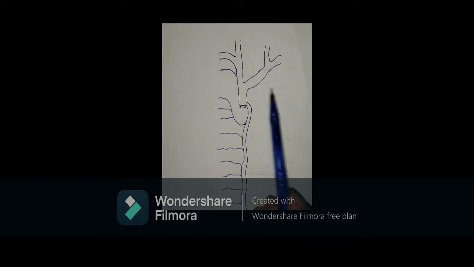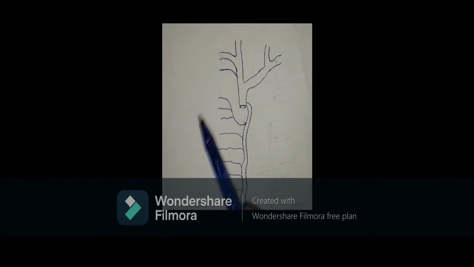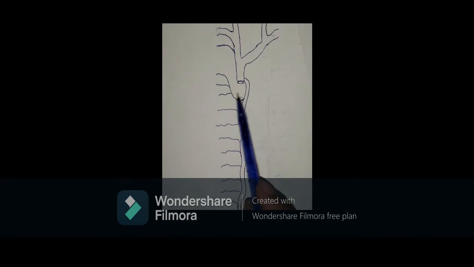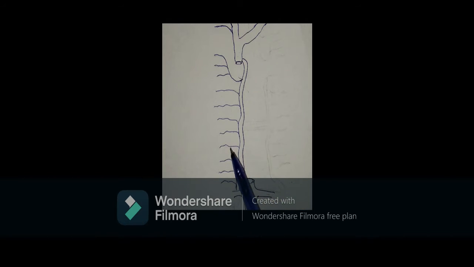The first intercostal branch will arise from the brachiocephalic vein, whereas the rest of the right posterior intercostal branches will arise from the azygous vein.